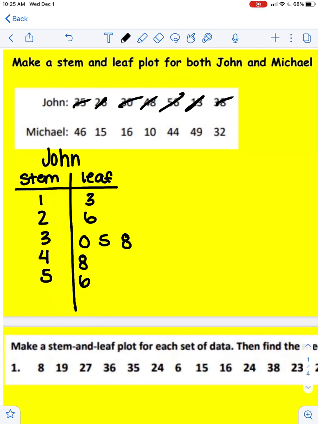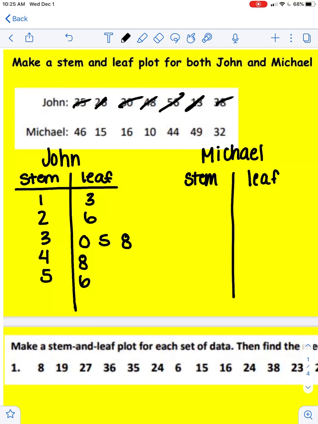Okay, now we are going to make one for Michael. So we're going to do the same thing. We're going to label stem and leaf. And I have 10s, 20s, 30s, and 40s, but I do not have any 50s.